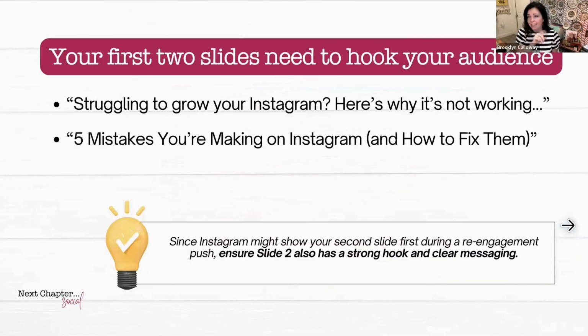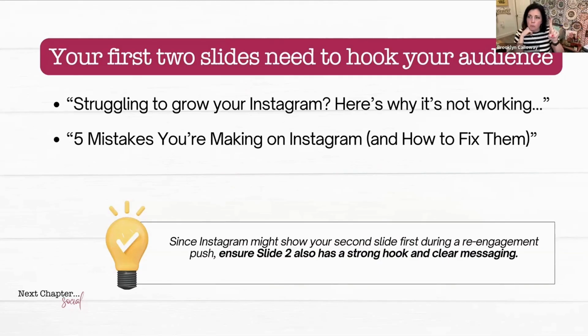Your first 2 slides need to hook your audience, and here's why. Let's jump down to the little note at the bottom. Instagram not only might show, it will show all your audience that carousel the first time it goes onto their feed. They might see it.